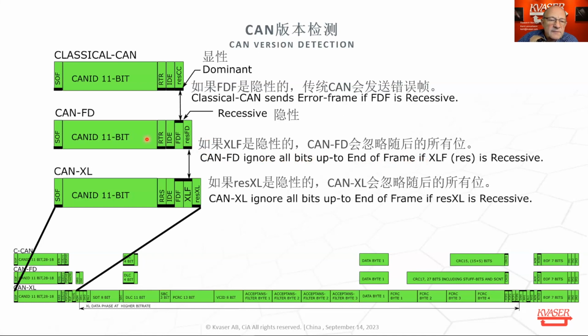So the CAN-FD controller cannot interpret the XL frames, but it will just ignore what's happening until it comes to the end of frame, where it will rejoin the communication for the next transfer. CAN-XL has the same function with the reserved XL bit. So if there's a new generation, it will do the same: ignore everything that's behind and rejoin at the end of frame.